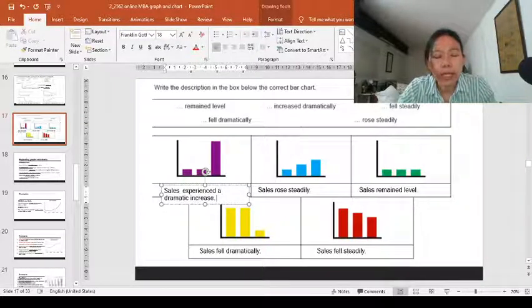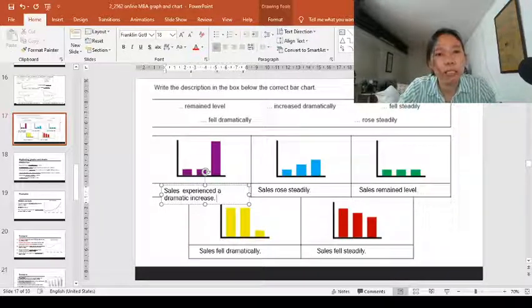So you can change the verb into a noun and the adverb into an adjective. Then we can have the sentence with a noun phrase: sales experience a dramatic increase.